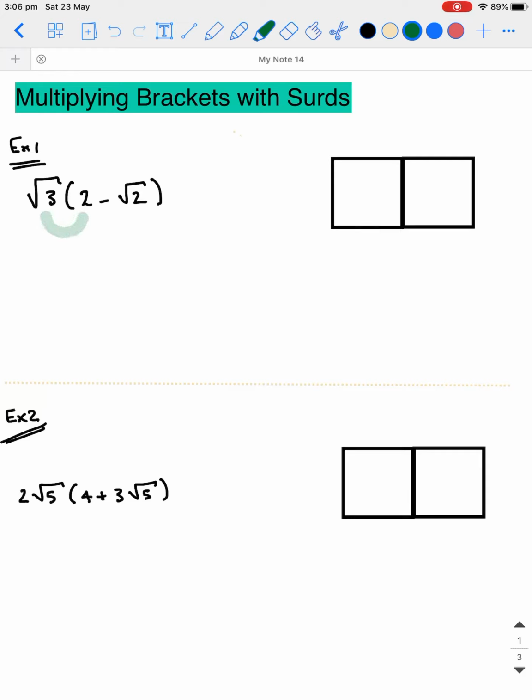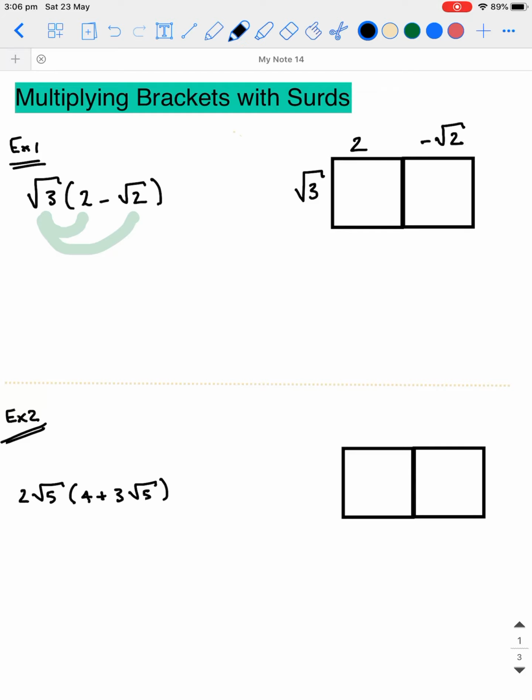So the root 3 will multiply that 2, and the root 3 will multiply that negative root 2. Now, the reason why I use a grid is because it keeps your answers nice and neat. So, the root 3 goes on the outside, and the two terms in the bracket go above.